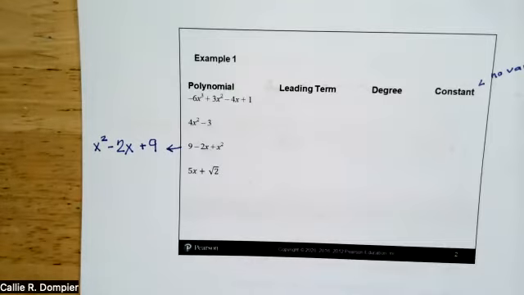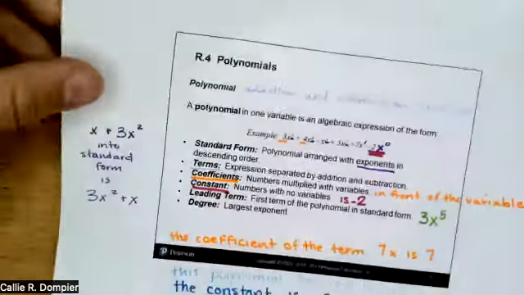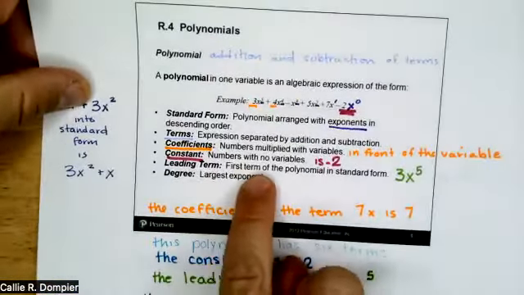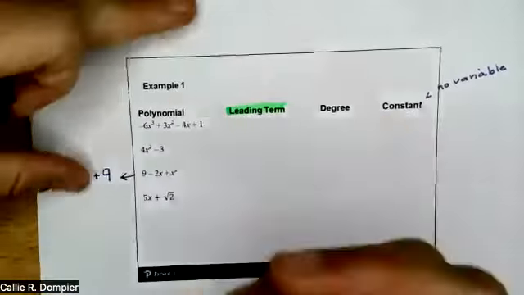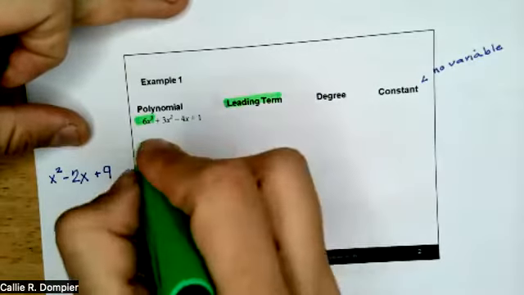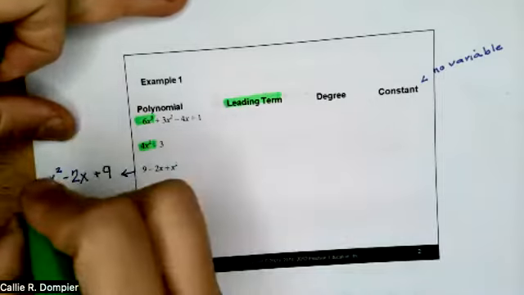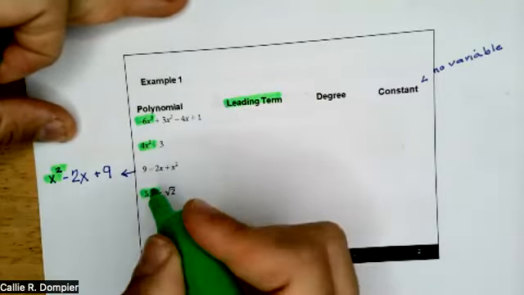The leading term, again, if we look back here, the leading term is the first term, so not just the number, the whole term of the polynomial when it's in standard form. So the leading term here is going to be the negative 6x to the 3rd, 4x squared for this one, positive x squared for this one, and 5x for this one.